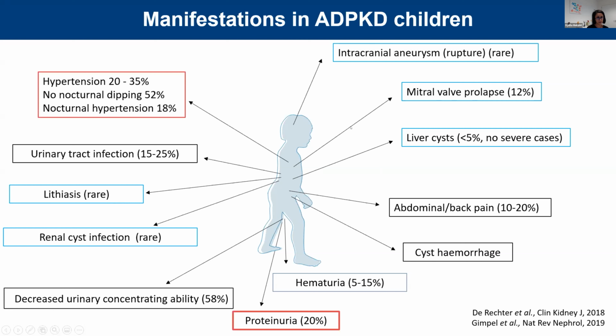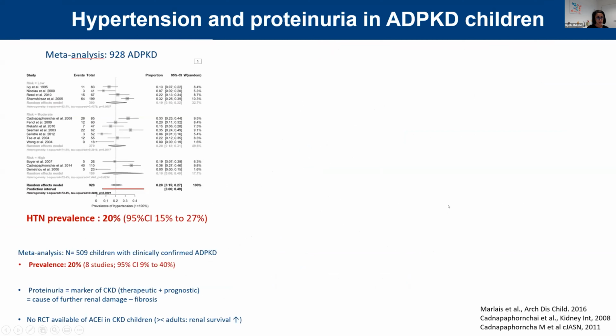The main manifestations in ADPKD children are hypertension and proteinuria. A recent meta-analysis showed that ADPKD children might present with hypertension in 20%, and also with a prevalence of proteinuria.